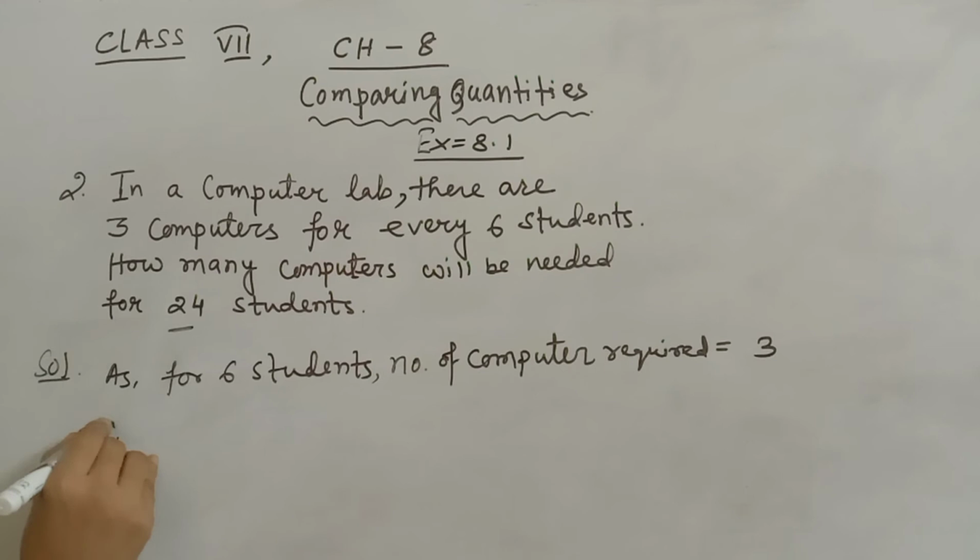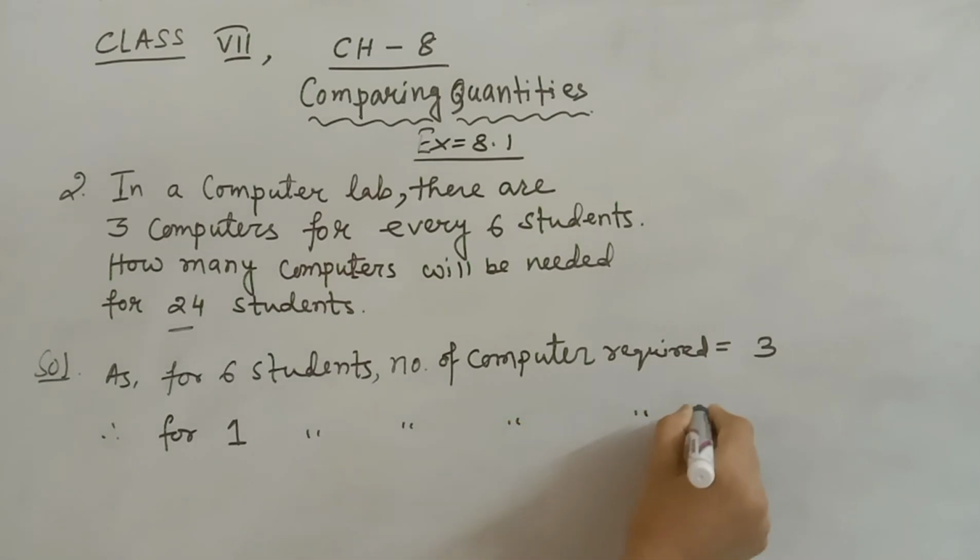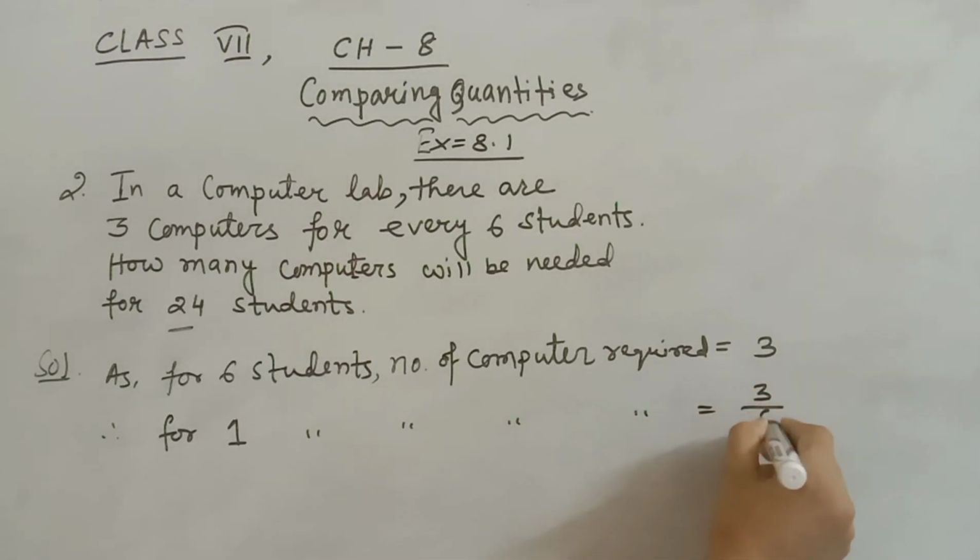Then for 1 student, the number of computers will be less, and you know that when it is less we divide, as it is 1/6 of the given number.